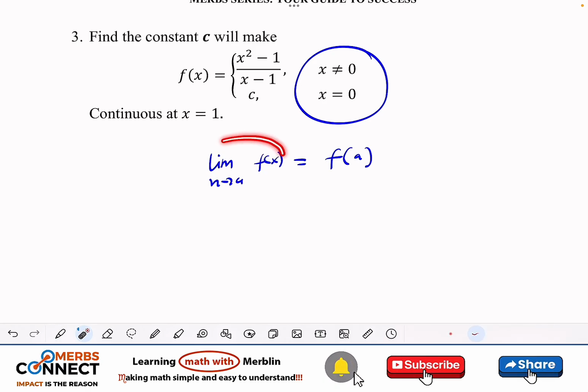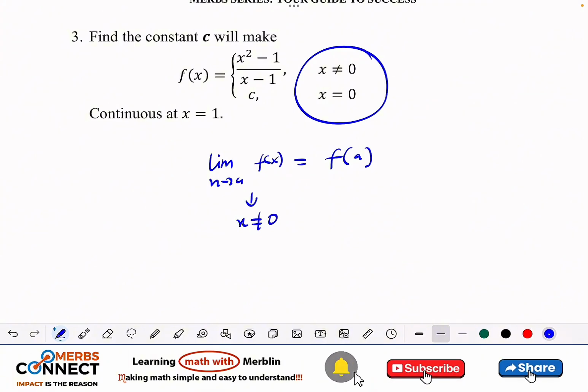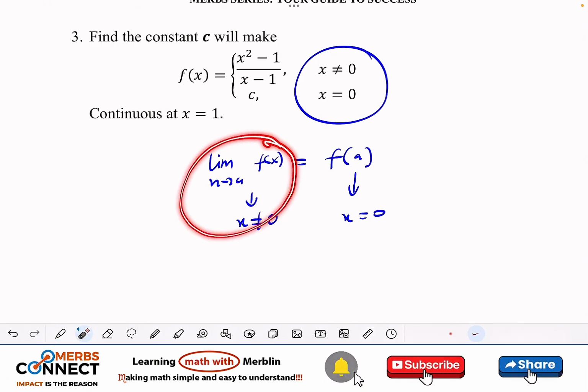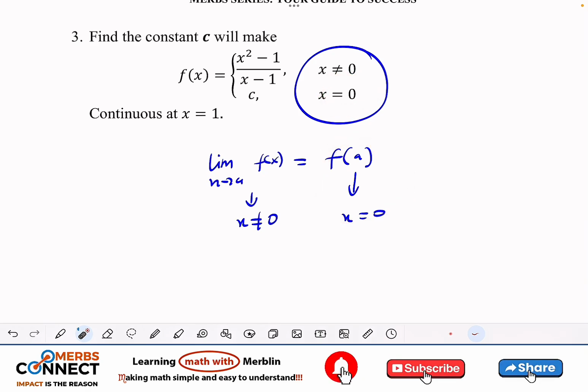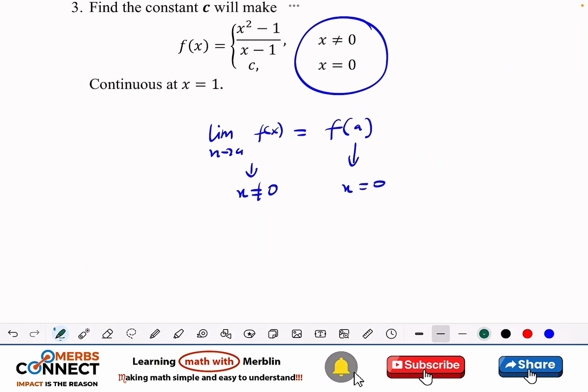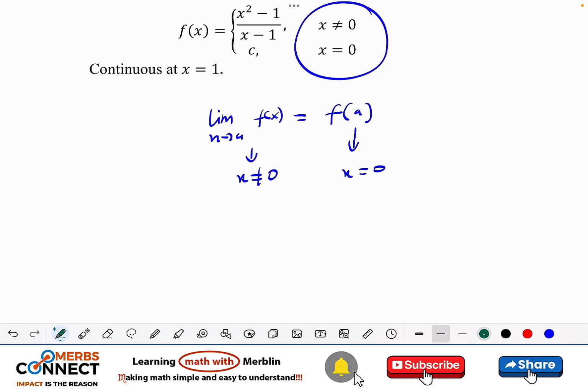That's the idea that we want to use. Now, the limit here is the one that goes with x is not equal to 1. And then this one is the one that goes with x is equal to 1. So that's what you need to know. This goes with the one which is not equal to, and this goes with the one which is equal to. So let's solve them and see. So I pick the first one. So first one, I'll pick limit as x is approaching 1, because this is what we are using.